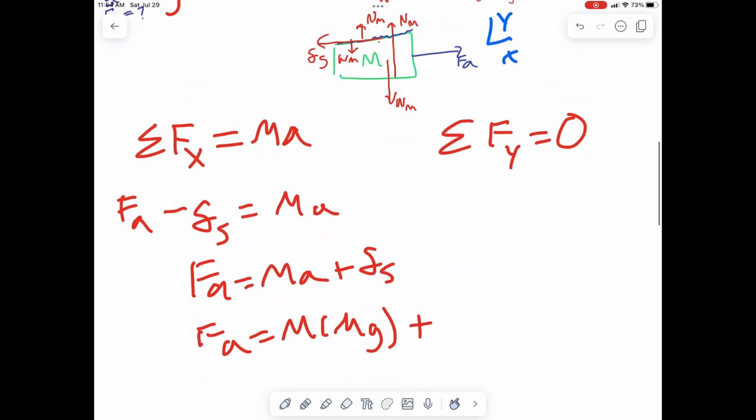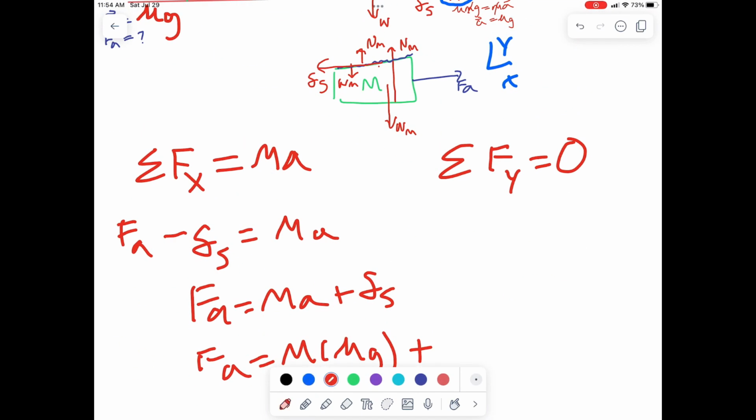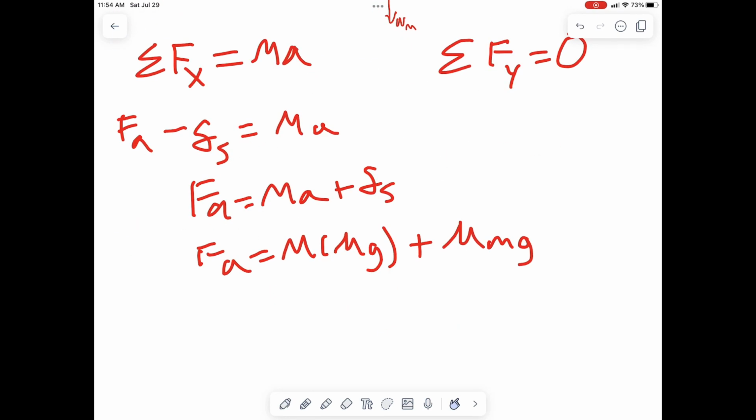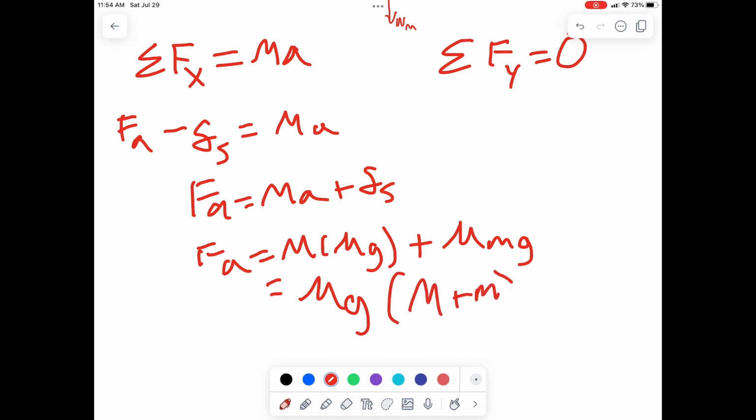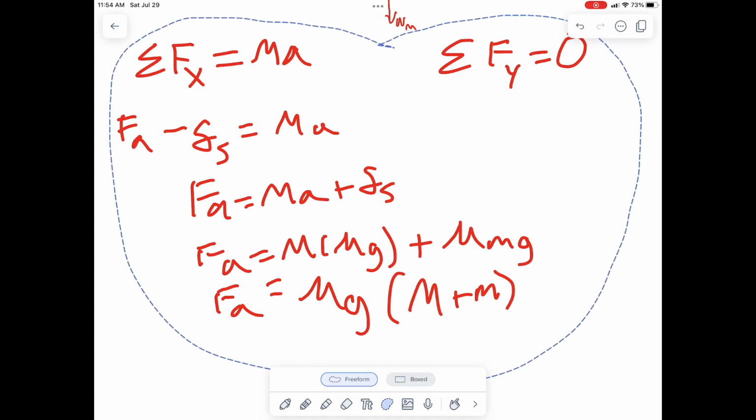So I know that this is equal to mu times little m times g. So now if we wanted to clean this up, we would just get that mu g, which I can factor out of both of these, times big M plus little m, is equal to my force applied.